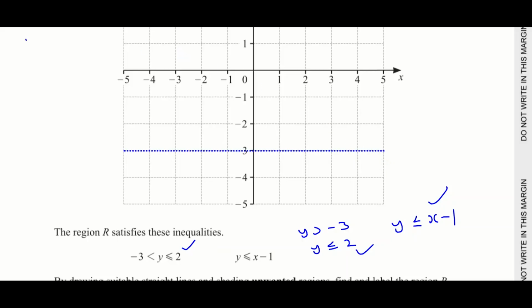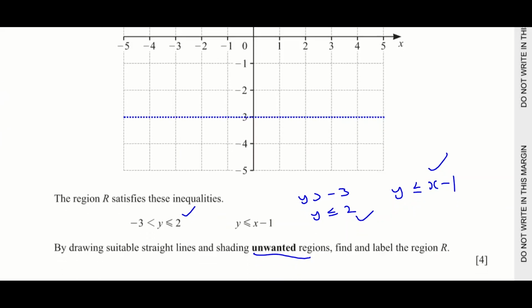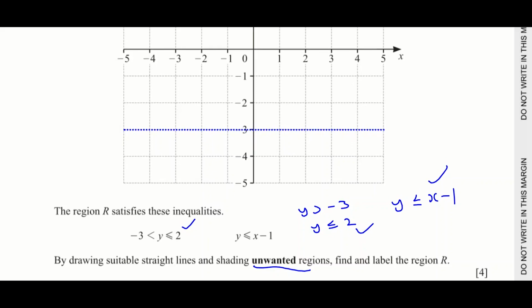I forgot to shade the unwanted region. Since y is greater than minus 3, the unwanted region will be downward here. So we can just shade this one. This will be unwanted here. The whole of this will be unwanted.